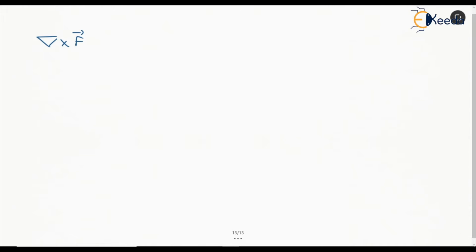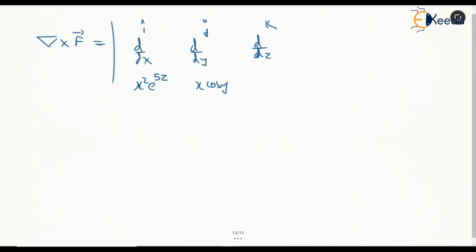The curl will be given as the determinant of i j k, d/dx, d/dy, d/dz, and x square e to the power 5z, x cos y and 3y.